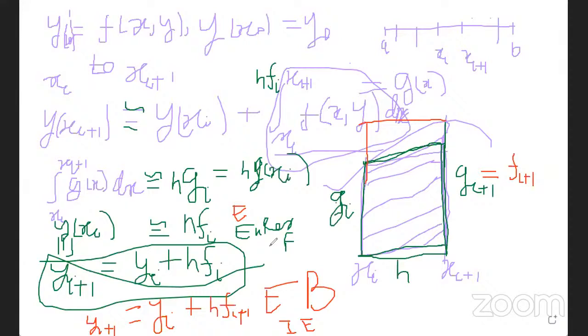So why do we call it the forward Euler method and the backward Euler method? Any participant should answer.